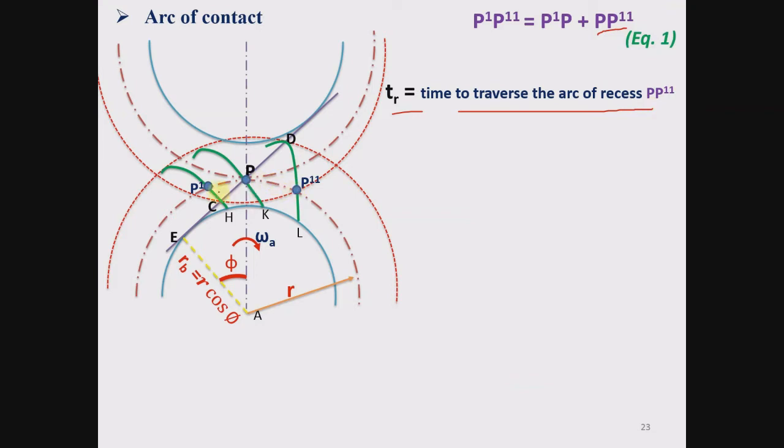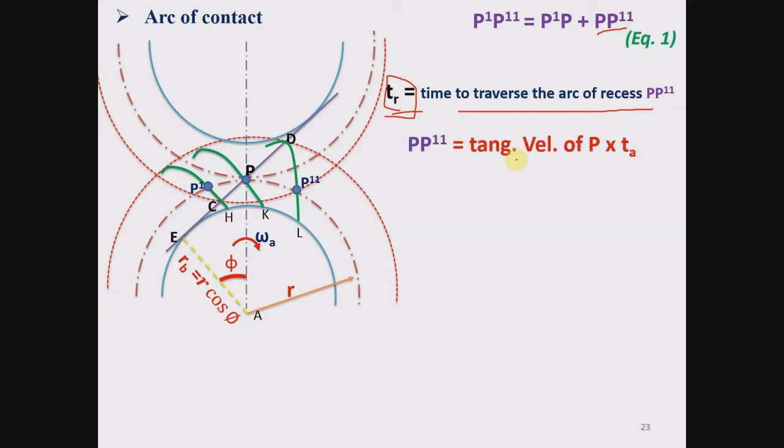Now point P is traveling along the pitch circle from P to P double dash, and let us suppose that the time required for point P to cover this distance is TR. This will be your assignment number 7.